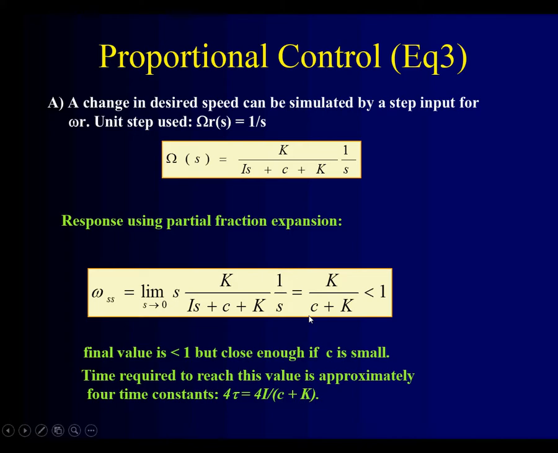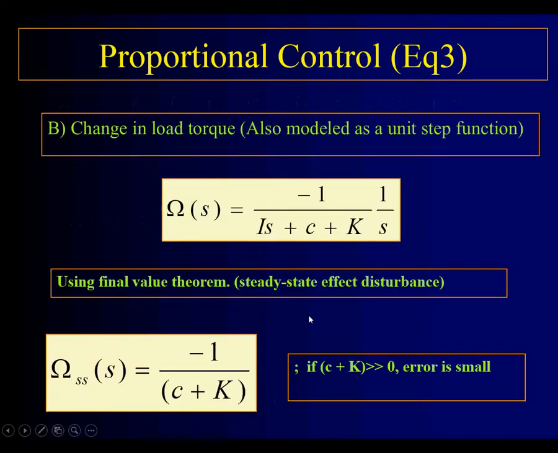And then at the bottom of the slide, you can see this comment that the time required to reach this value is approximately 4 time constants. So that's what proportional control is. We can study the system times the step input, or using the final value theorem, find out the steady state effect.